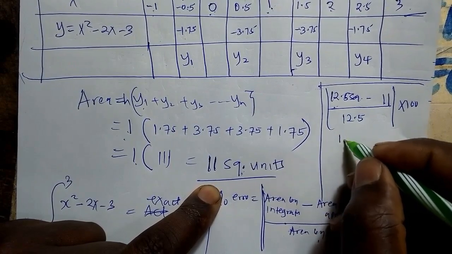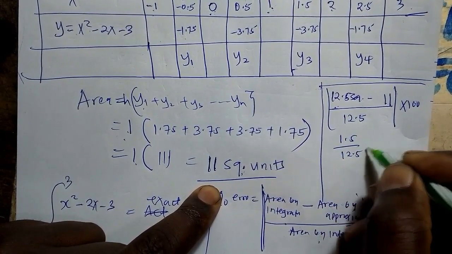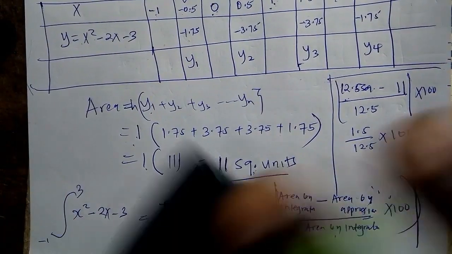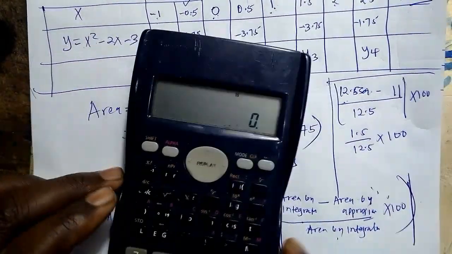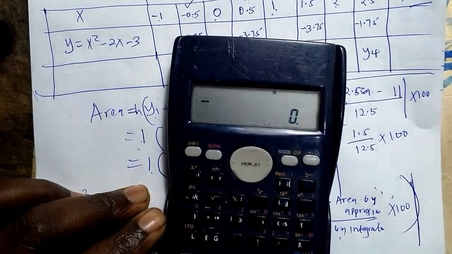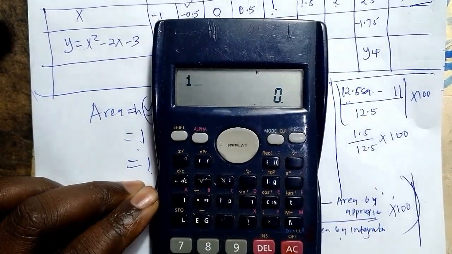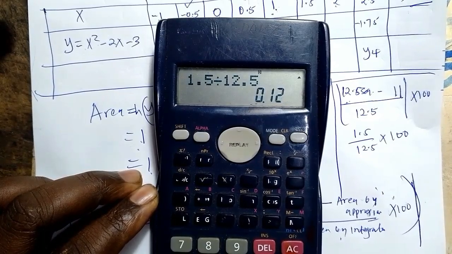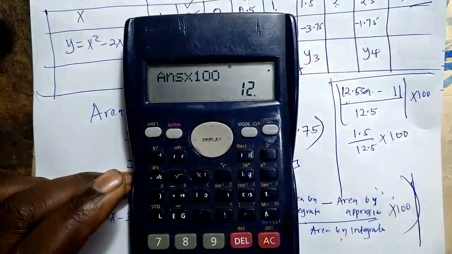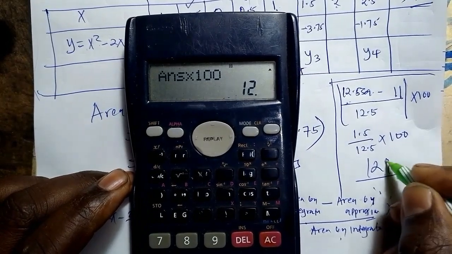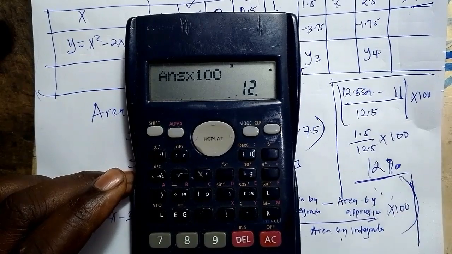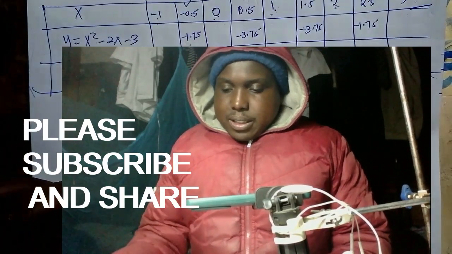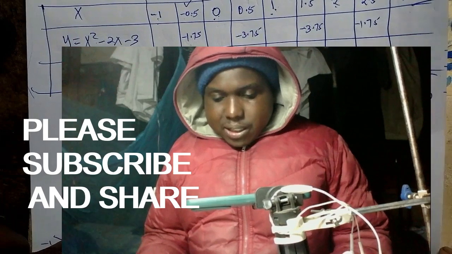So this one will be 1.5 over 12.5 times 100, and the percentage error, you press your calc. 1.5 divided by 12.5, you get the answer, and then times 100. So that one will give you 12%. That's a very big huge error, but it's just used as an example of how you will do it. It might not have that big percentage in an error.